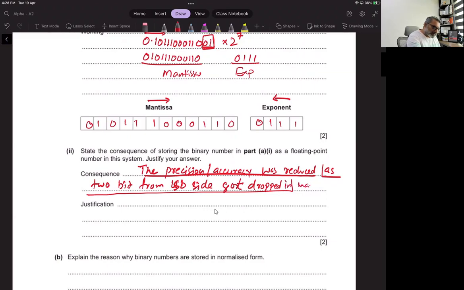If you want to be very specific, then you have to tell that in mantissa.